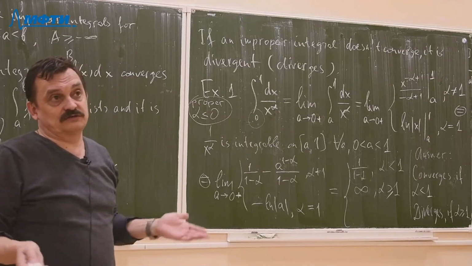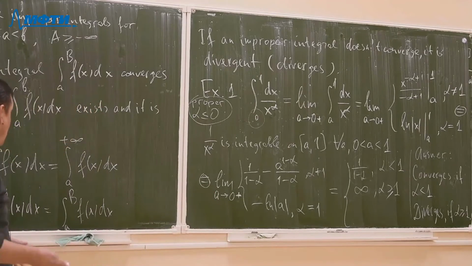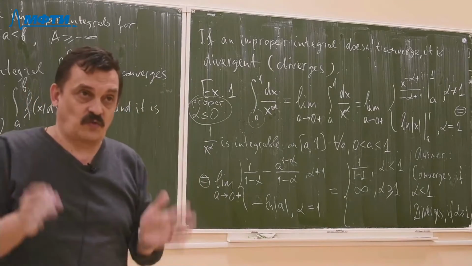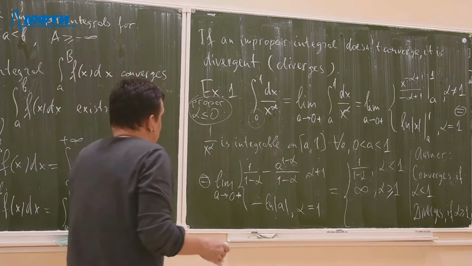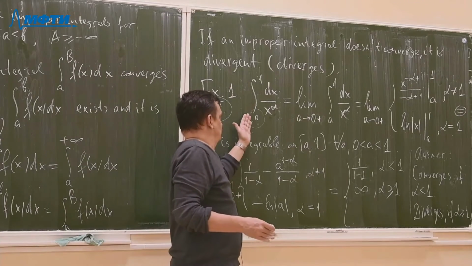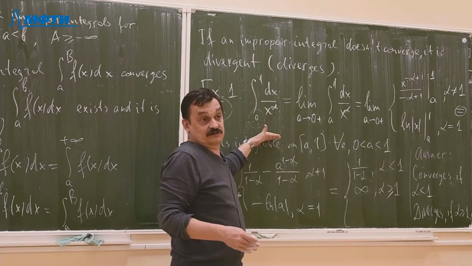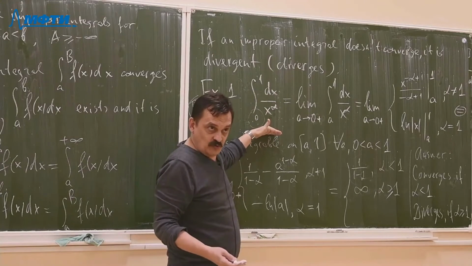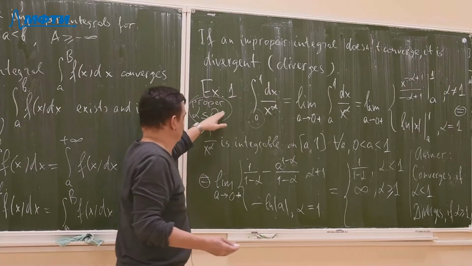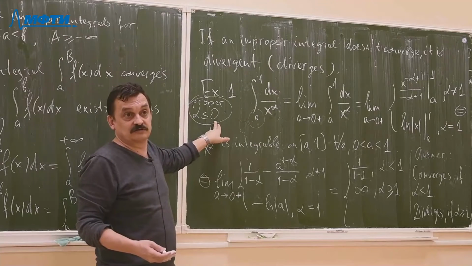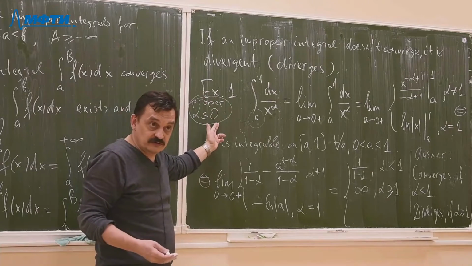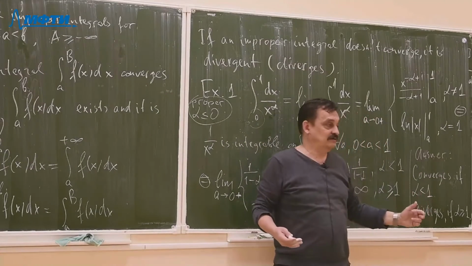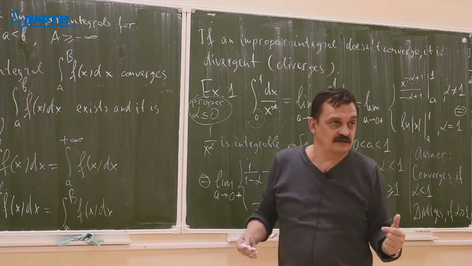So we don't need to even ask a question about convergence and divergence. This will be a proper integral. But nevertheless, the question was stated from the beginning as a question about improper integral, right? So firstly it was written as improper, then we discovered that for alpha less or equal to 0 it can be treated as a proper integral. But also you can say converges if alpha less than 1 and diverges if alpha greater or equal to 1.